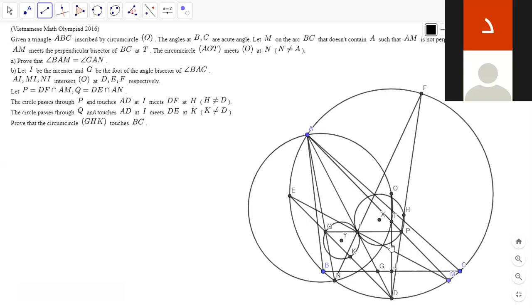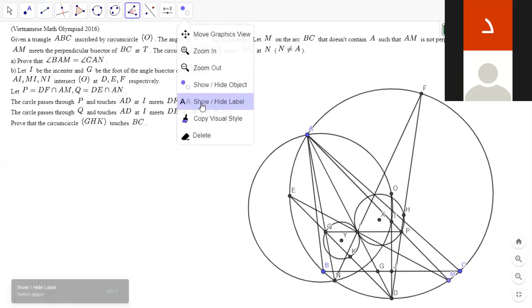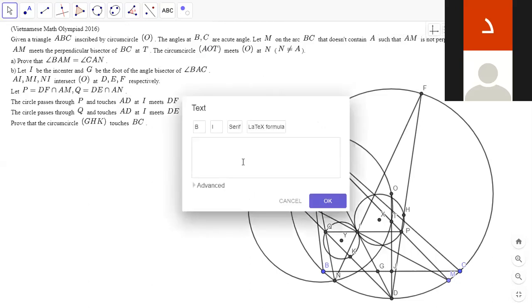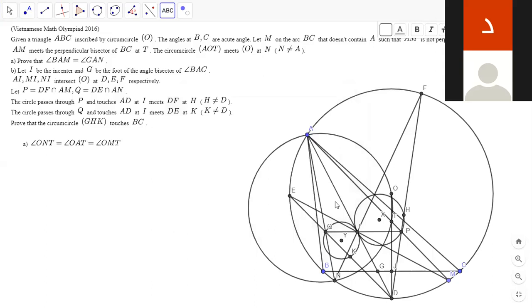So we have angle ONT is OAT is OMT. And that's angle OMT. From there, we know by symmetry that N and M are symmetric across OD.